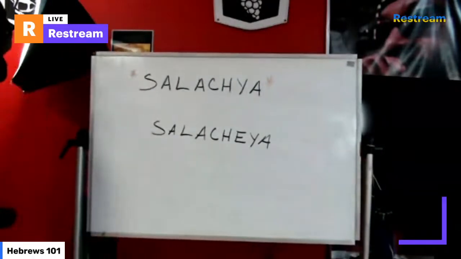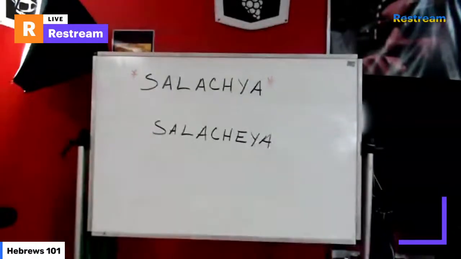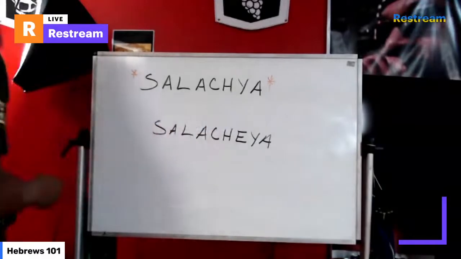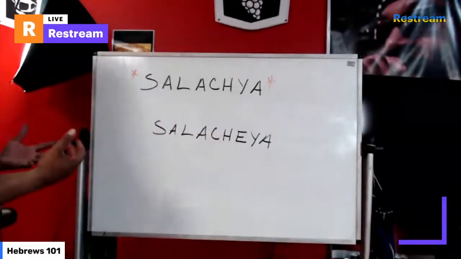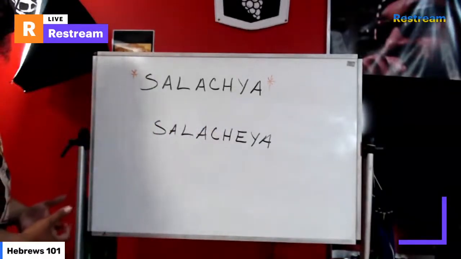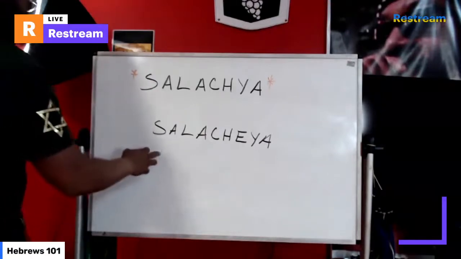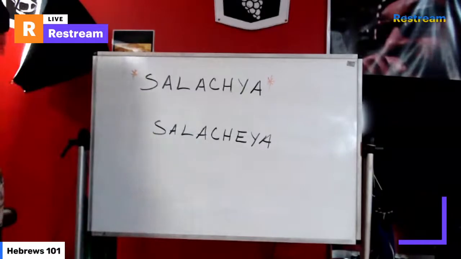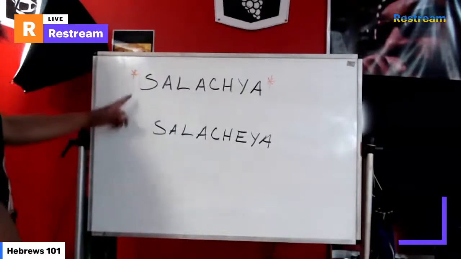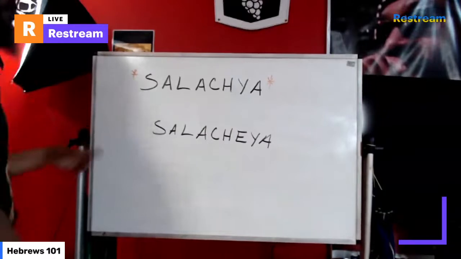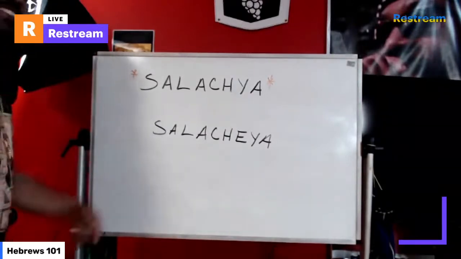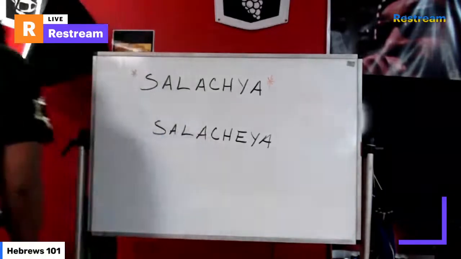Now, you're following us on the board, following us online. I've written out what we are saying. We are saying Salakia. But now, because of the dialect, it's going to sound a little different, which is not a problem. It's okay. Even when I try to say it correctly, it still sounds different, and I love it. Cool.